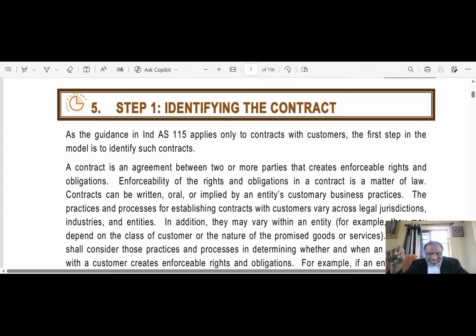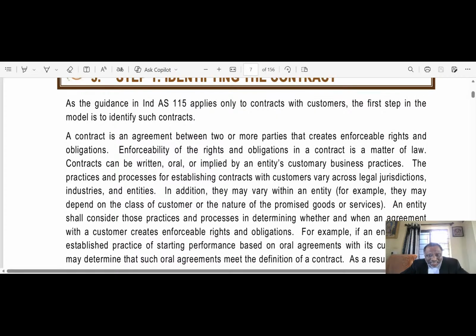An entity shall consider those practices and processes in determining whether and when an agreement with the customer creates enforceable rights and obligations.